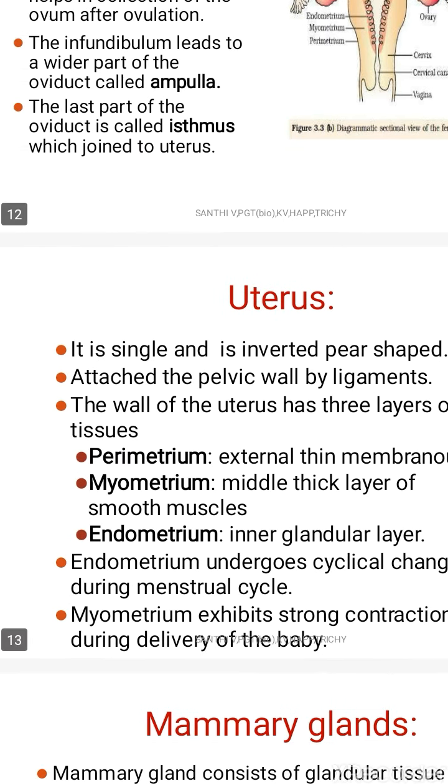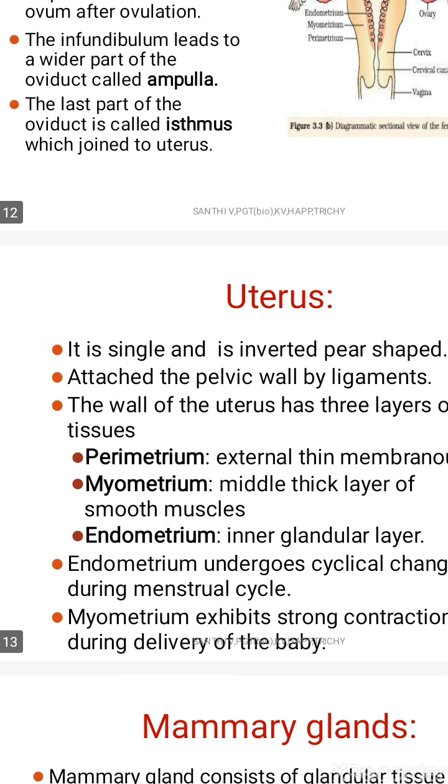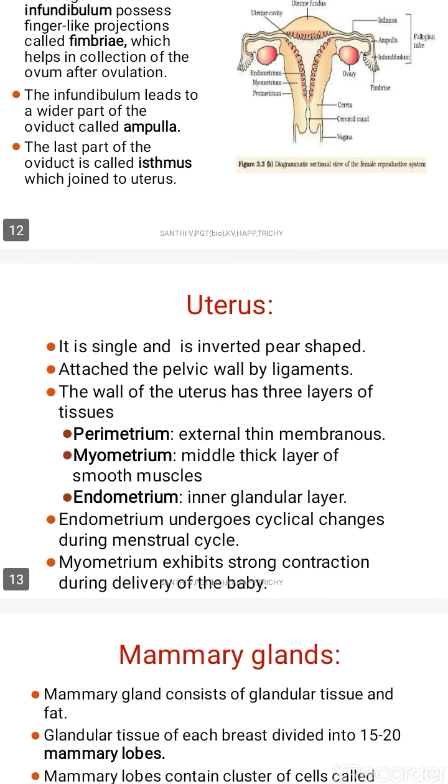Next is the uterus. The uterus is an inverted pear shaped structure attached to the pelvic wall by ligaments. The wall of the uterus has three layers: perimetrium, myometrium and endometrium. The perimetrium is the external layer, made up of a thin membrane.